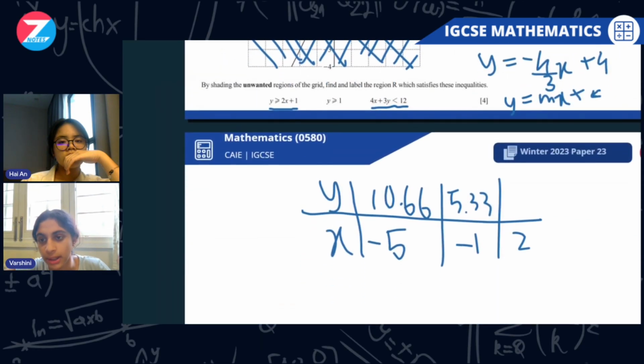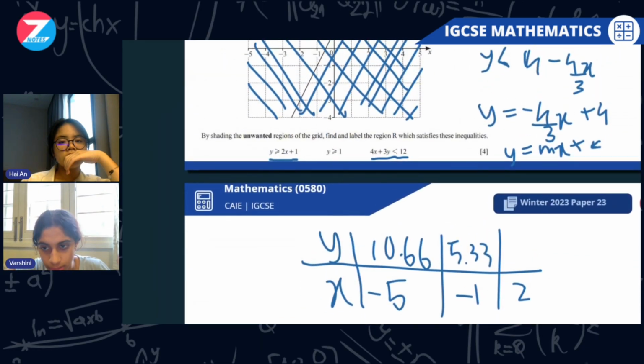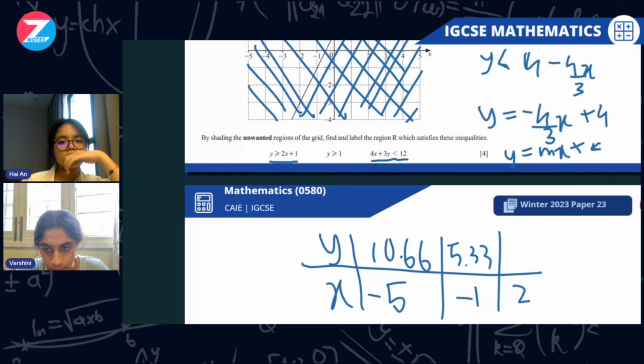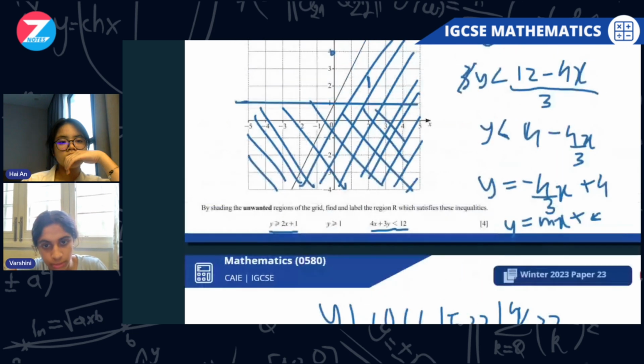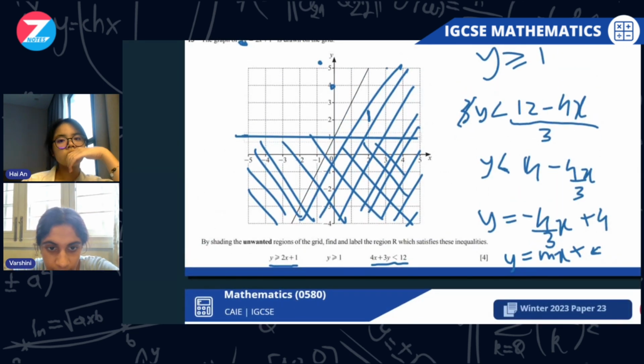So minus 4 divided by 3 into 2 plus 4 is going to give us 4 by 3, or we can write this as 1.33. So that value over here at 2 is going to be somewhere above 1 over here.